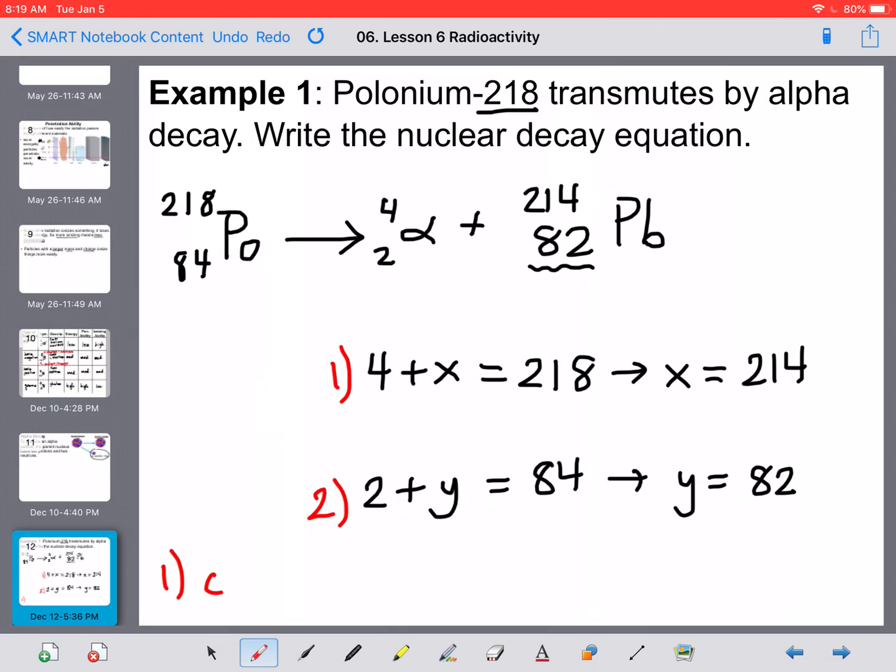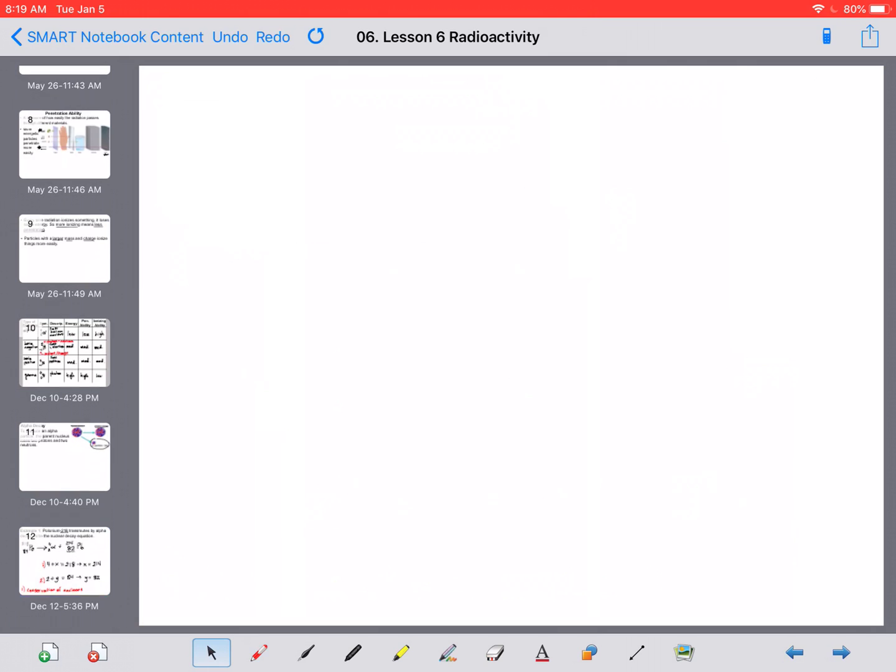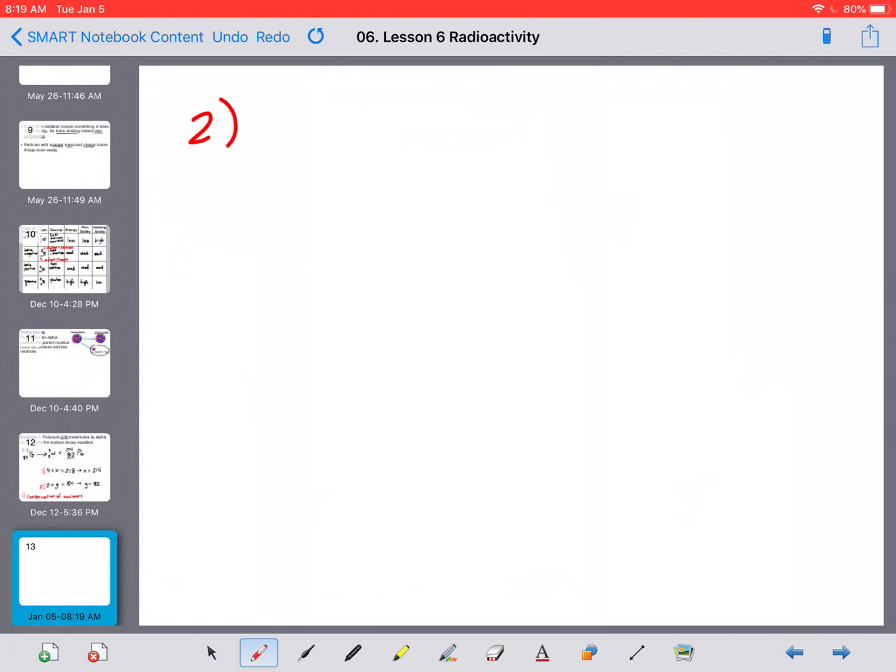Number 1, the physics principle there, is conservation of nucleons. Because remember, the top number represents the number of nucleons in the nucleus. The bottom number, which is number 2, that is going to be conservation of charge.